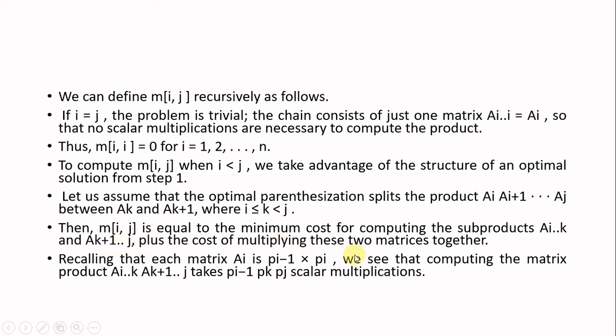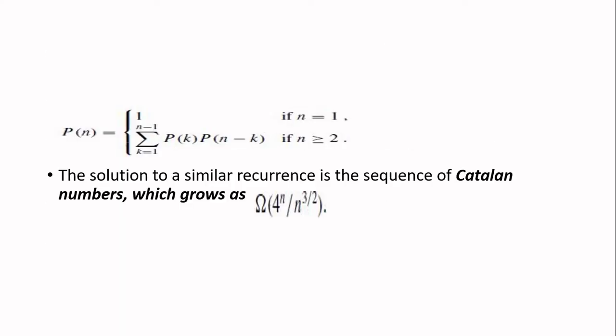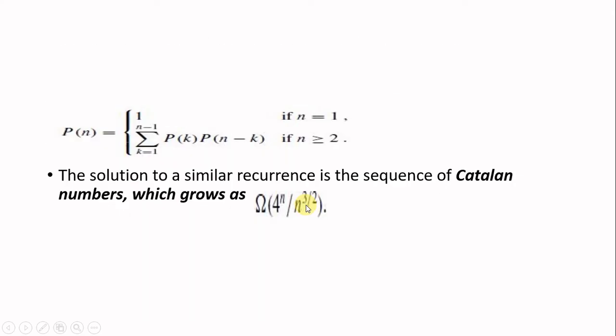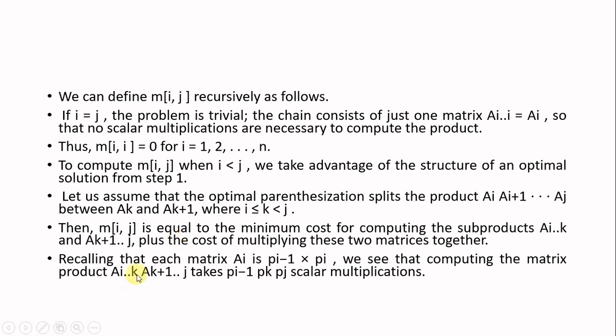Recalling that each matrix Ai has dimension pi minus 1 by pi, I hope you remember that, because it was defined that each matrix Ai has dimension pi minus 1 by pi.